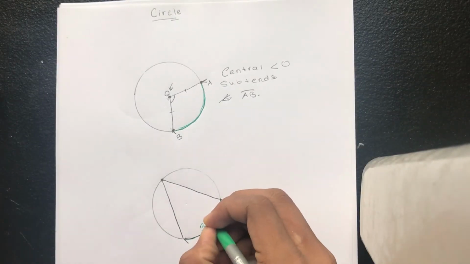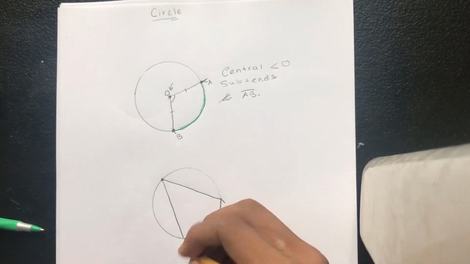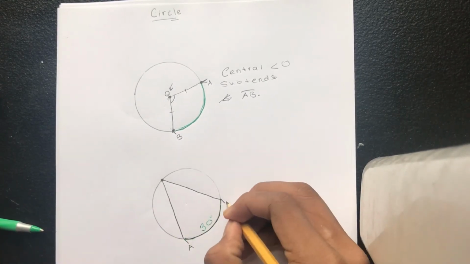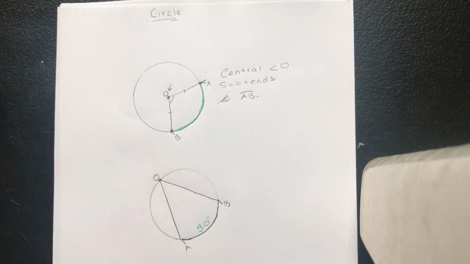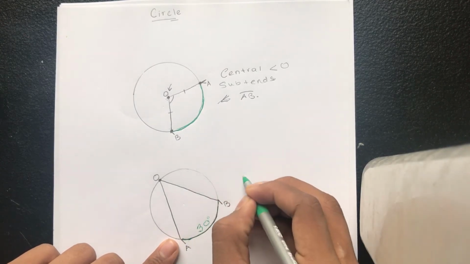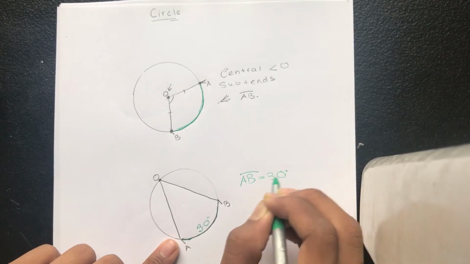Okay, 30 degrees right over here. So now this arc has a measure of 30 degrees. Instead of calling it this arc, I might as well name it arc AB and angle O. Now this arc has a measure of AB, so we're going to say arc AB equals 30 degrees.